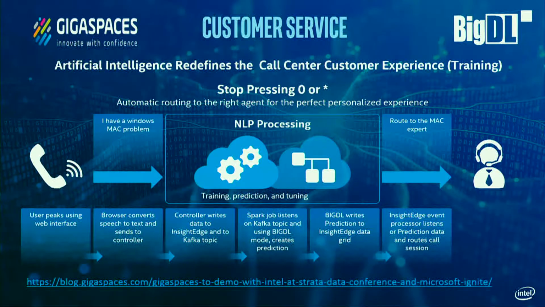Okay, next example is from GigaSpace. Well, the example is basically for customer service support. And basically when a customer calls through the phone, he can briefly describe the problem he has. And then we will use speech recognition to convert that speech into text.